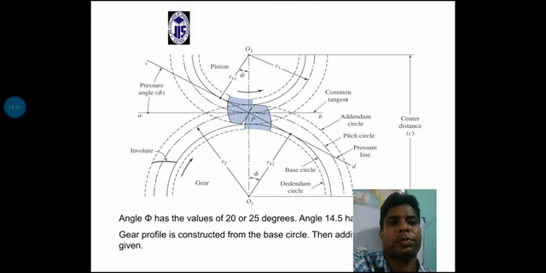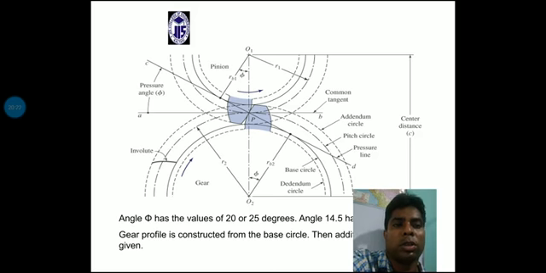Now this is the figure. Now another point is there: common tangent, which I already told you, addendum, dedendum, pitch circle, pressure angle. Pressure angle means an imaginary angle, which I assume to draw a certain angle to the teeth profile, to show the teeth profile of each and every gear.